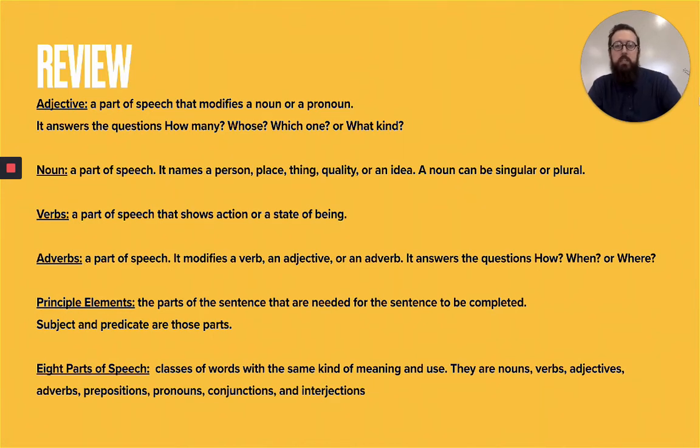An adjective is a part of speech used to describe or define the meaning of a noun or pronoun. It answers the question, how many, whose, which one, or what kind. It modifies a noun or pronoun.